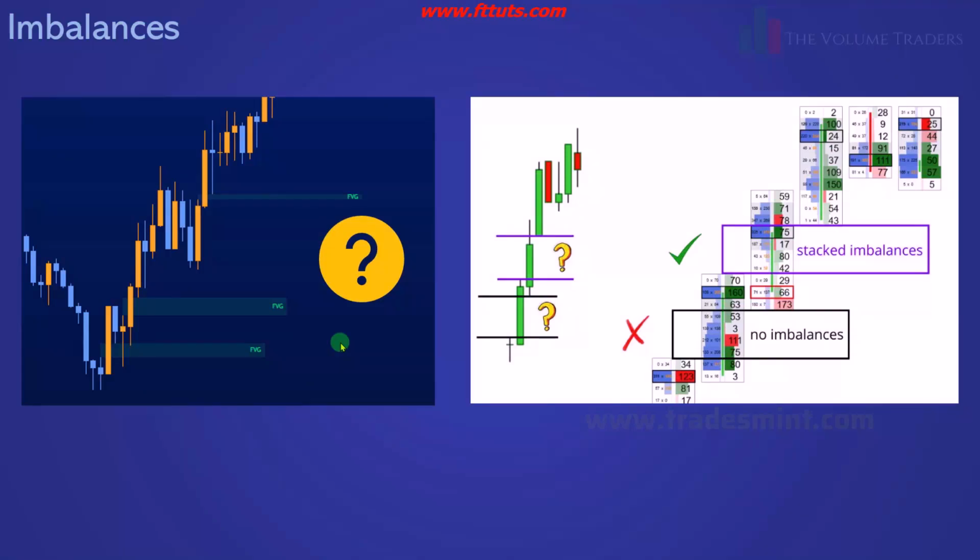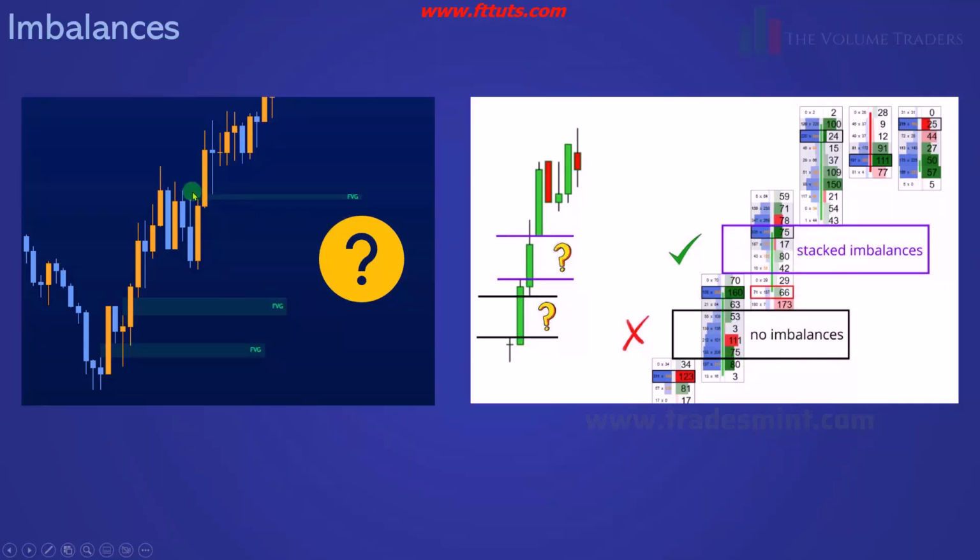In the past, yes, I admit this. But now, with the more knowledge I gained, I use the footprint chart to always confirm. So if I see on the normal chart, the M15, M5, M1, something that looks like a fair value gap with this concept, I always need to confirm on the footprint if there are really imbalances.